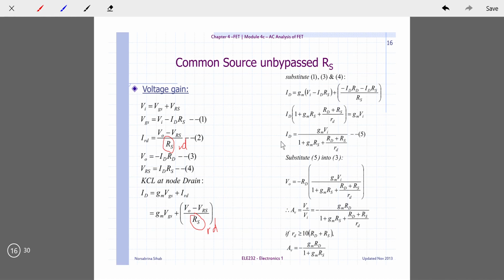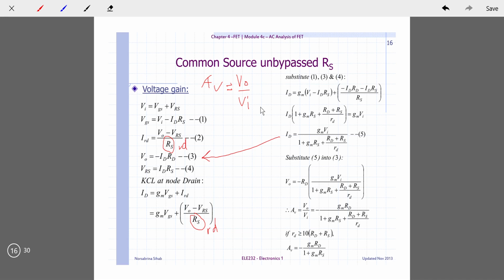So this equation number 5, you substitute into 3 in order for you to get AV equal to V out over V in. So after you substitute this into 3, you will get the equation here.